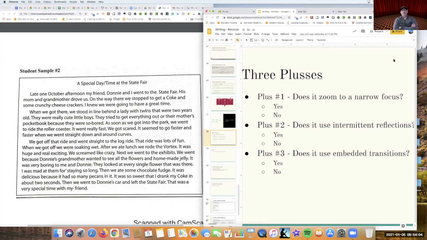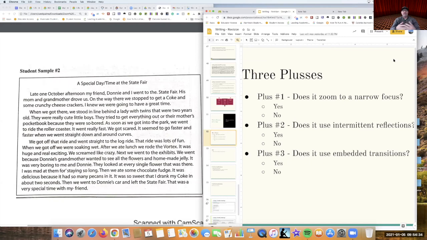So almost a laundry list of things that these two did at the state fair, but it's not focused on one thing. So let's say, for the sake of throwing it out there, one of them is nervous about riding roller coasters.